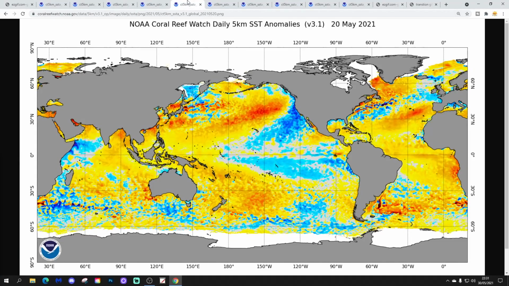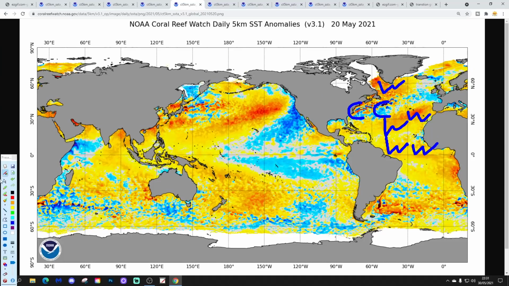Now, what happens when we get through to the 20th of May 2021? It continues to get ever more interesting, continuing to warm up to the south of Greenland, and also very warm between the Azores and the Canary Islands, and extending down into the northern part of the tropical Atlantic. The southern part of the tropical Atlantic is also looking quite warm. Now, this area is beginning to cool a little bit more, so this is more like it.